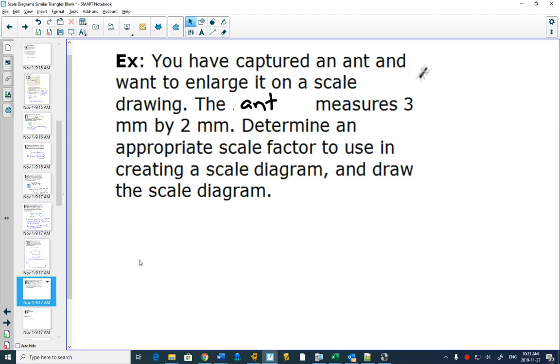I would say the easiest example that I saw that people came up with is they made 1 centimeter on their drawing equal to 1 millimeter in reality.